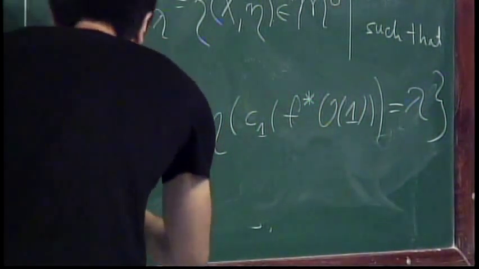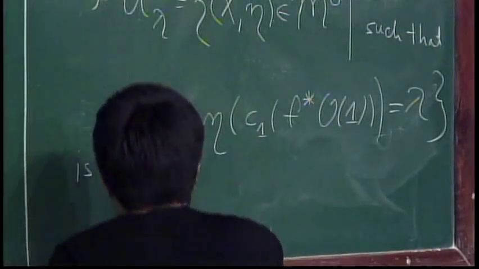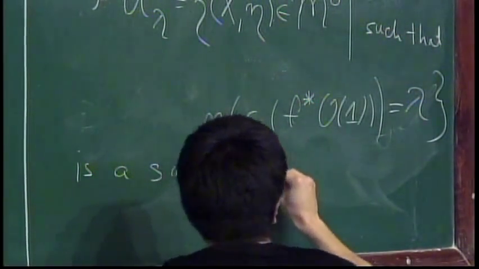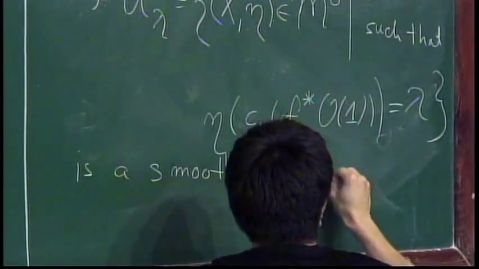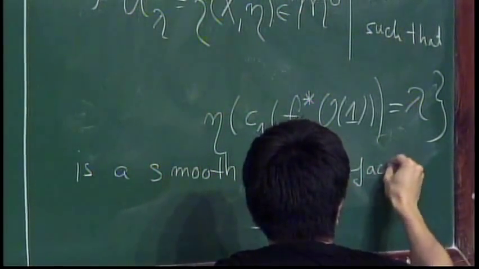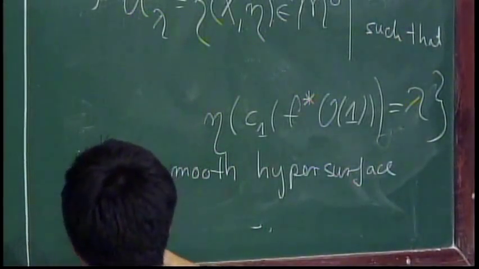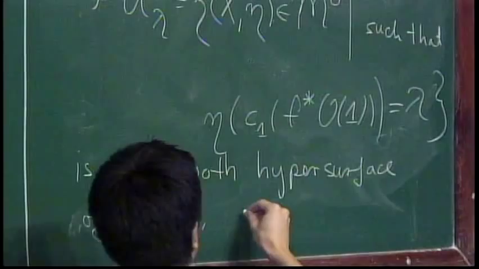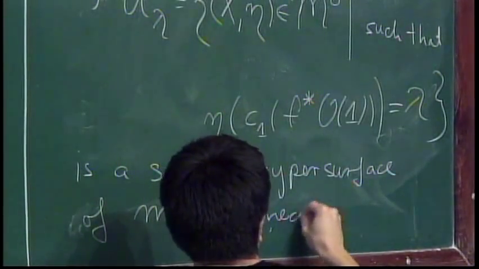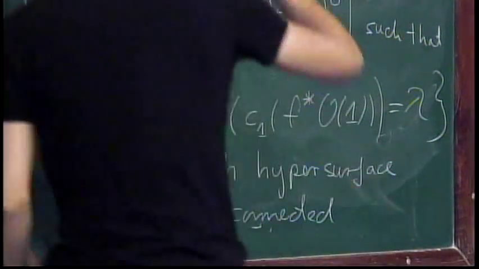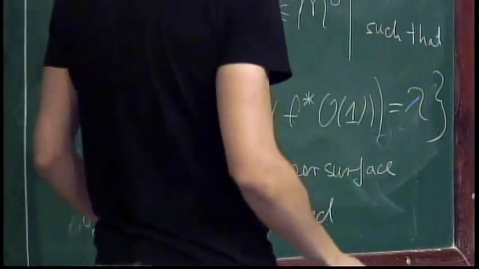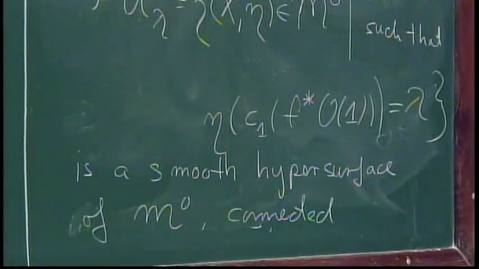And this is a smooth hypersurface, and it is connected. So a smooth hypersurface of M0 and connected. And in particular, it may not be Hausdorff, since the moduli of marked hyperkähler manifolds is not Hausdorff.